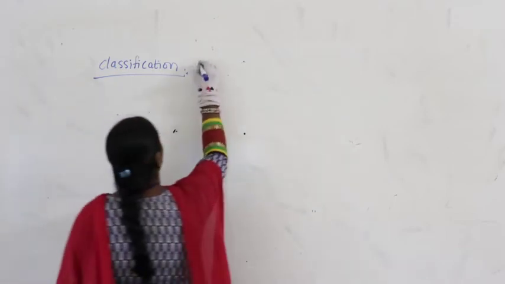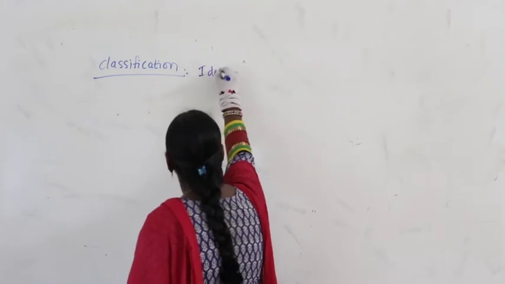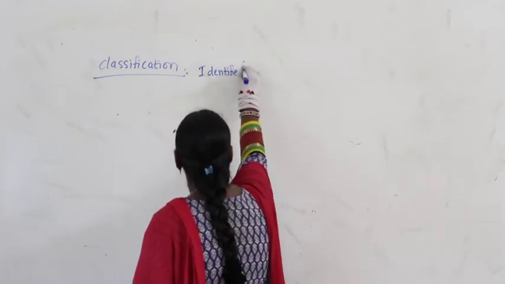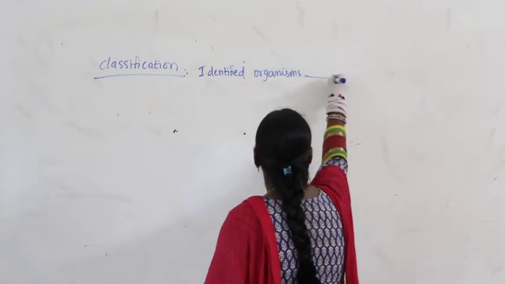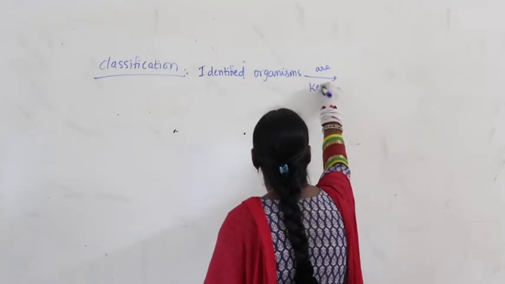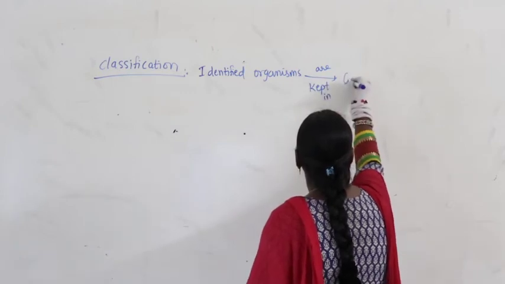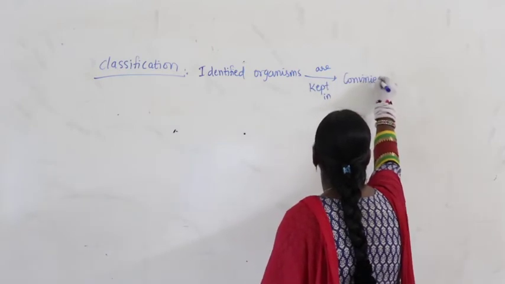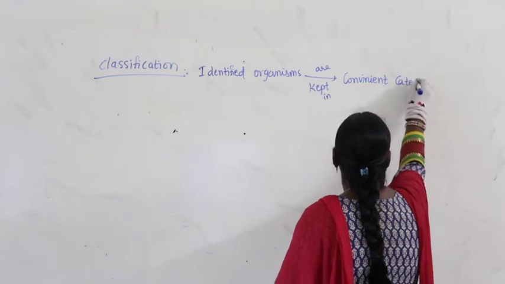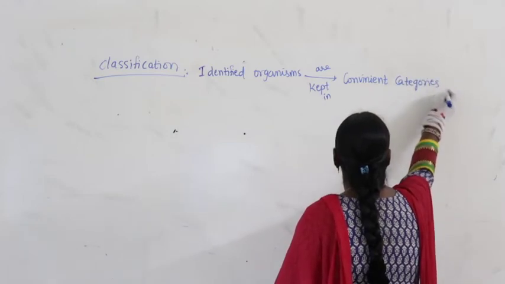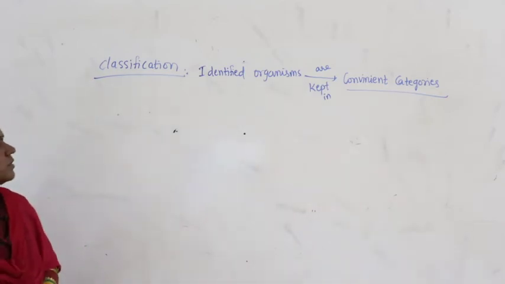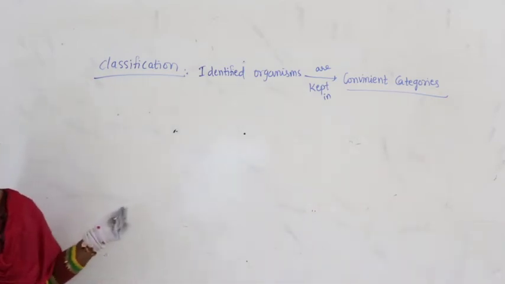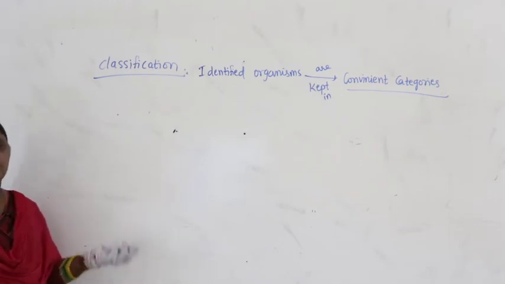Here, the identified organisms are kept in convenient categories. What is the meaning of convenient categories here? When we arrange them, it will belong to which family, which class, which order.